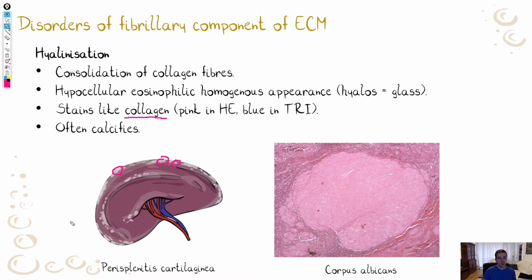It's just a degeneration of spleen capsule, and histologically those nodules are composed of hyalinized fibrous tissue of the capsule. Or corpus albicans in ovary. So you can see hyalinized tissues also physiologically in the patient's body.